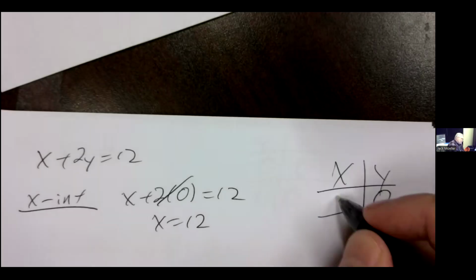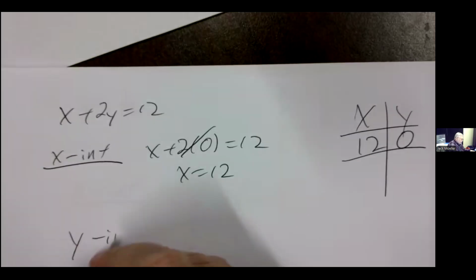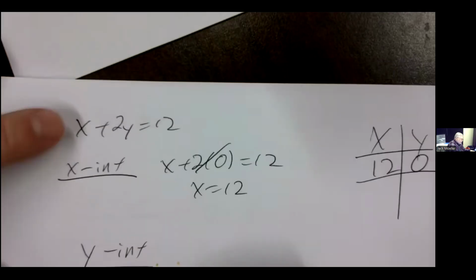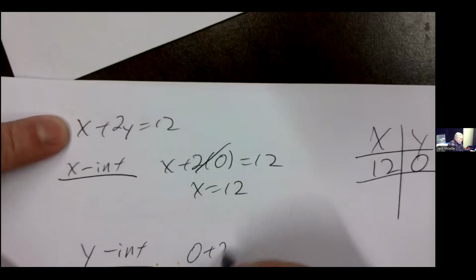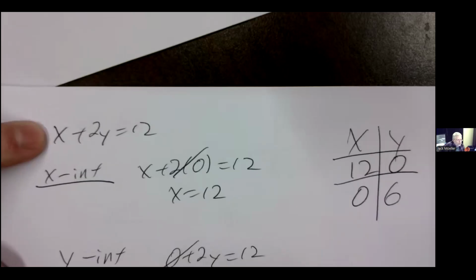And for the y-intercept, we plug in x equals 0. So 0 plus 2y equals 12, and we get y equals 6. So we plugged in x equals 0, got y equals 6. So you still have to find them, even though they don't give you a spot to explicitly put them in like the previous problems did.